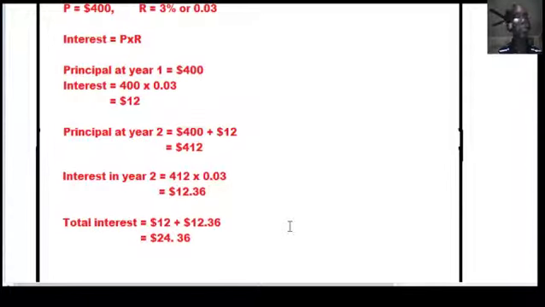Total compound interest after 2 years equals interest in year 1 plus interest in year 2. This equals $12 plus $12.36, which gives a total of $24.36.